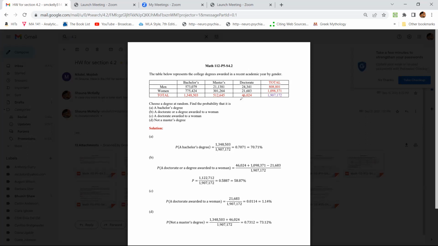Okay. You can add the column totals yourself and compare the answers that you see on the screen. And then once you get that, then we can start looking at the probabilities of different things. Okay.